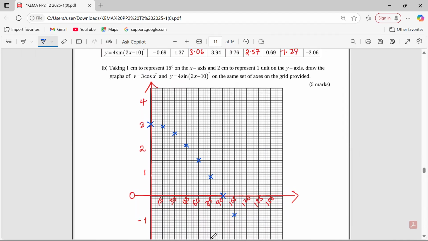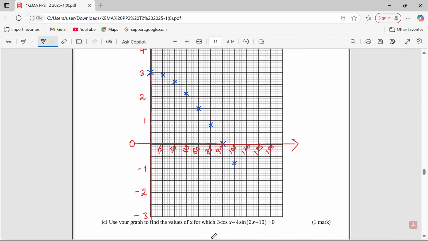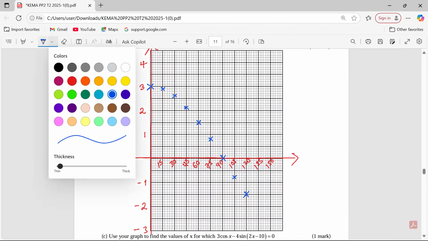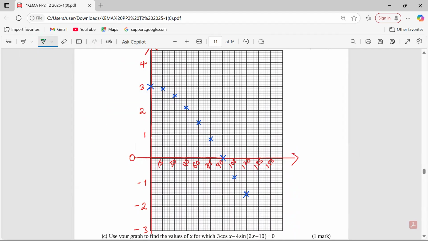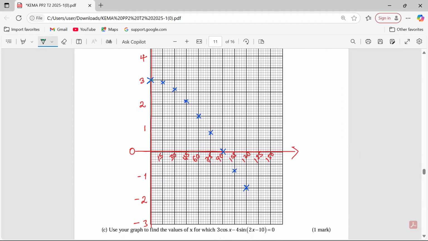Then finally, we have 120 at negative 1.5. So 1.5 negative is at this point. We have all the points well plotted. Now we can do the curve by joining all the points until we form a very smooth curve. Let me come up with the curve very smoothly.